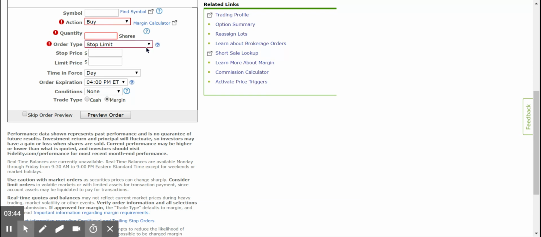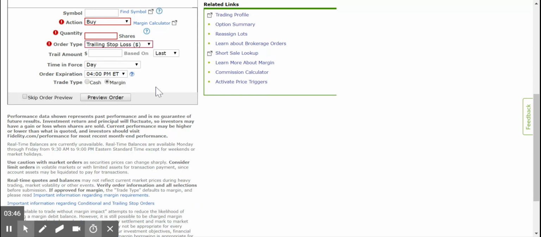Now, you can put in trailing stops. Trailing stops are something we put in if I've bought it at 20 and all of a sudden it went up to 24, I can put in a stop loss at about 22 so I can guarantee my profits. I can say always keep the trailing stop at $2 below, let's say, the last price that was quoted, or $2 below the bid.